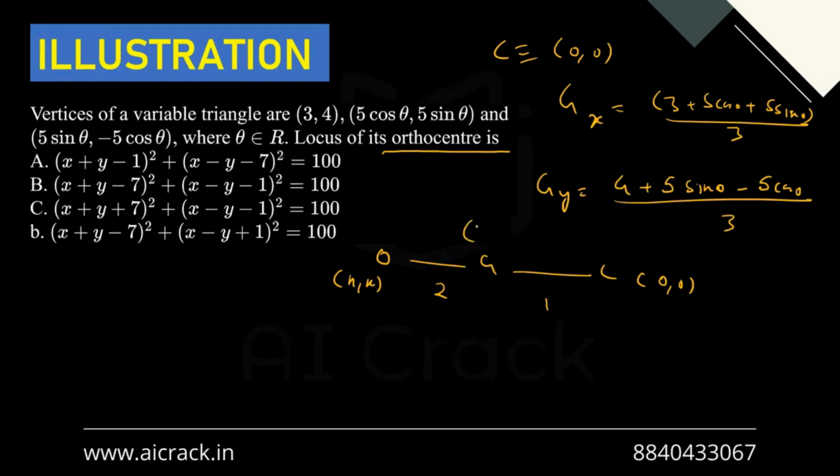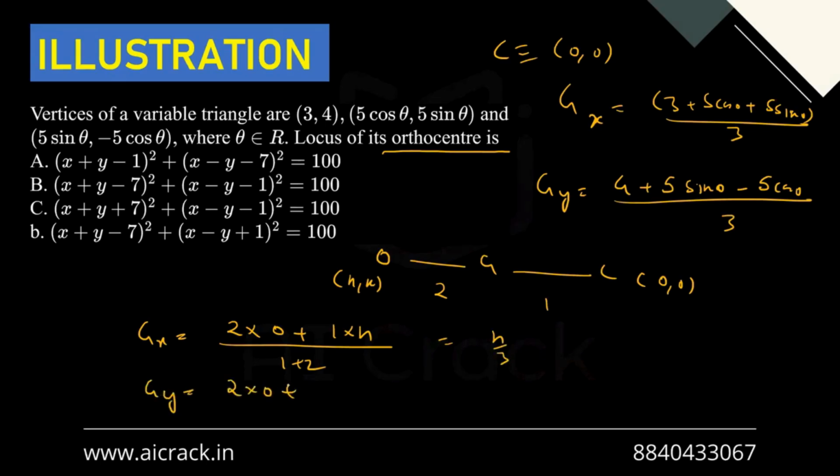Gx equals (2 times 0 plus 1 times h) divided by (1 plus 2), which comes out to be h by 3. Similarly, Gy would be (2 times 0 plus 1 times k) divided by (1 plus 2), which is k by 3. So we have got the values of Gx and Gy from here as well as from the earlier expressions.